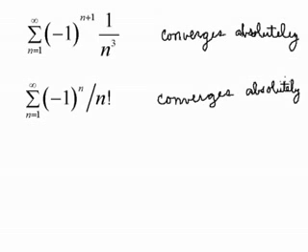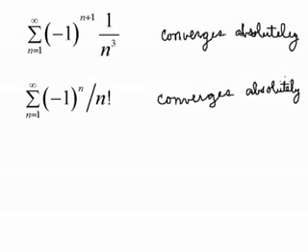The sum from n equals 1 to infinity of (-1)^(n+1) times 1 over n cubed. That series converges by the alternating series theorem, but so does the series of absolute values. The sum of 1 over n cubed converges by the integral test. So our first series converges absolutely.